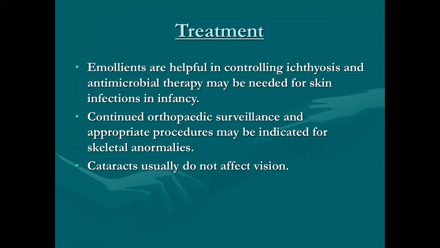Treatment: emollients are helpful in controlling ichthyosis, and antimicrobial therapy may be needed for skin infections in infancy. Continued orthopedic surveillance and appropriate procedures may be indicated for the skeletal abnormalities. Cataracts usually do not affect the vision because they are at the peripheral portion of the lens.